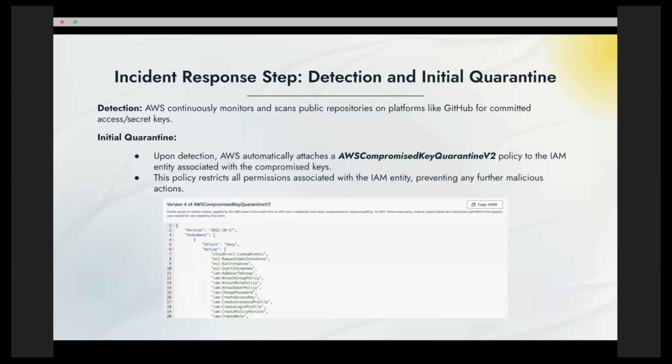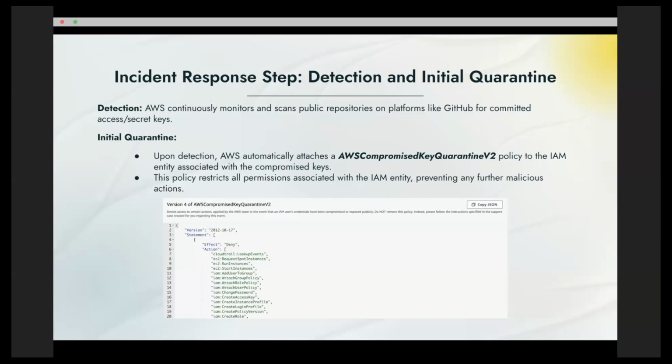In this case, it will be the security credentials. In parallel, the AWS team will automatically attach an AWS compromised key quarantine V2 policy to the IAM entity associated with the compromised key. That IAM entity can be a user, group, or role, for example. If you see the screenshot, for all the sensitive actions, the effect is deny.